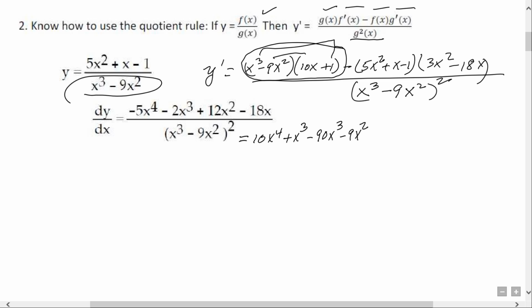And then we have the second product here. And remember, we have a negative here.